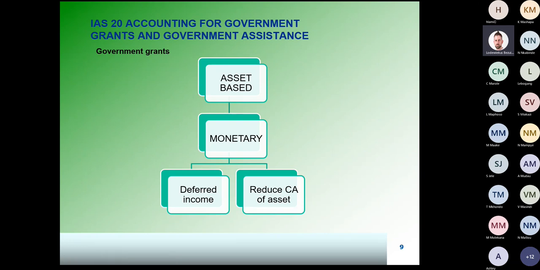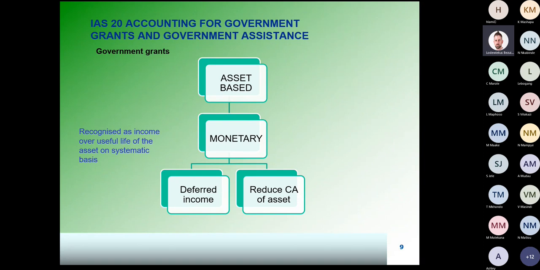So now you have government grants can either be income-based or asset-based. If it is an asset-based government grant, we must now see what the question or the information tells us. How do we account for it? Do we show it as deferred income, or do we show it as a reduction of the carrying amount of the asset? If it is deferred income, we recognize it as income over the useful life of the asset on a systematic basis.